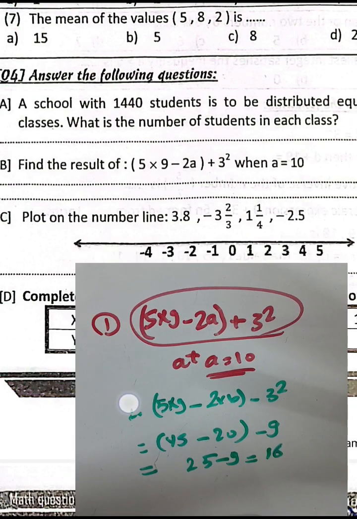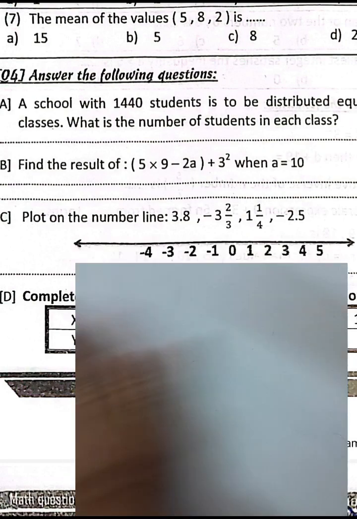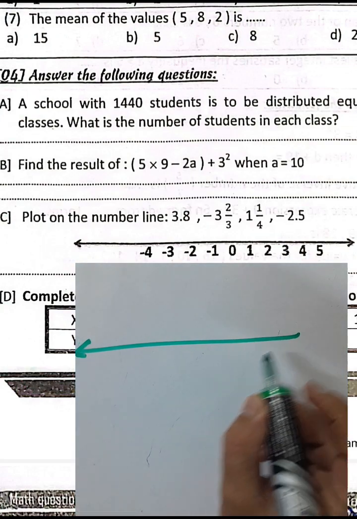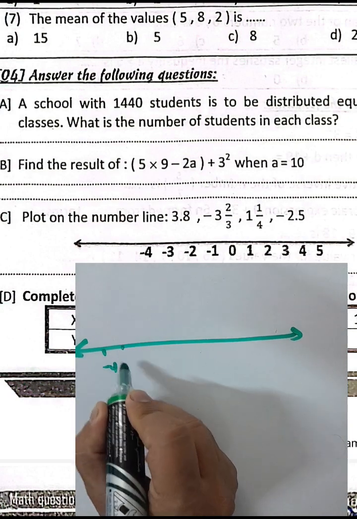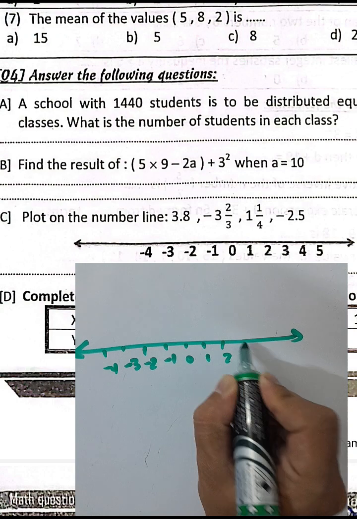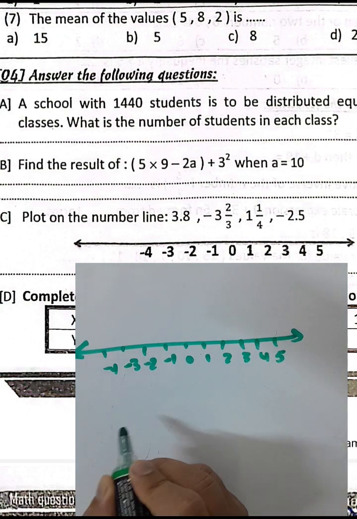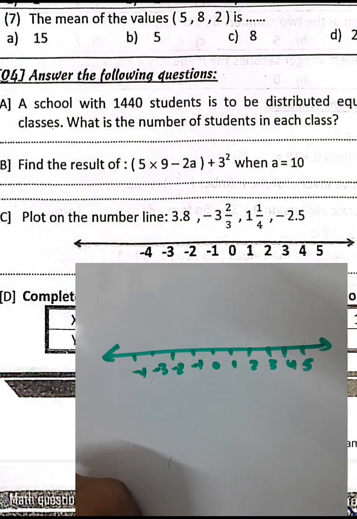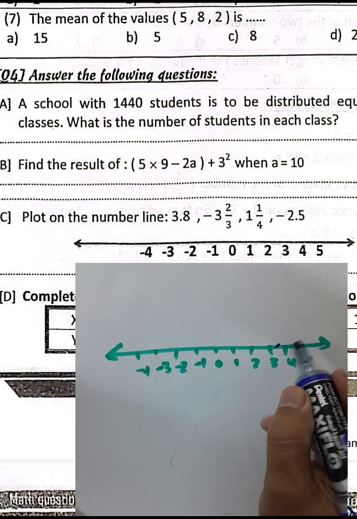Next question. Plot the numbers on the number line here. We have a lot of numbers here, and we want to plot the numbers on the number line. We have a number line here, beginning from the left-hand side, -4, -3, -2, -1, 0, 1, 2, 3, 4, 5. And then we have 3.8 here. It is 3.8, between 3 and 4.